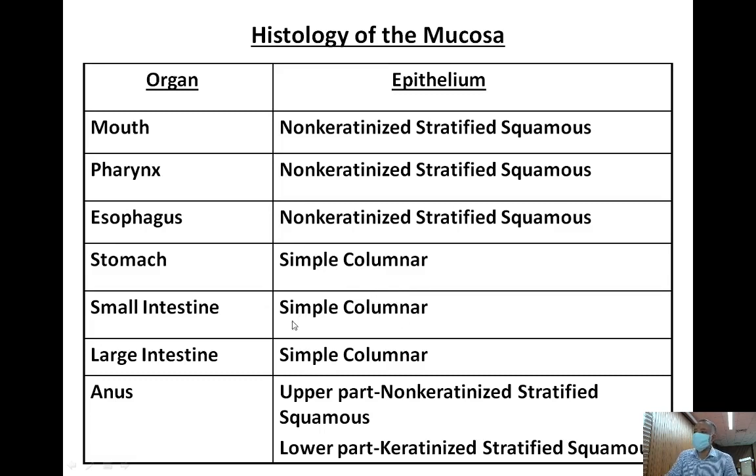So the function is mainly absorptive. Large intestine, again simple columnar. Here the functions are secretion as well as absorption. Then the anal canal: if we divide it into upper and lower parts, the upper part has non-keratinized stratified squamous epithelium, but the lower part has keratinized stratified squamous epithelium.